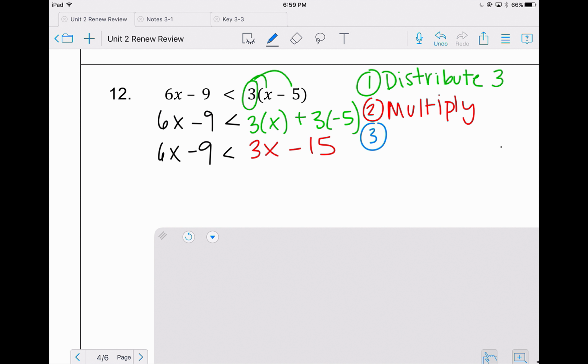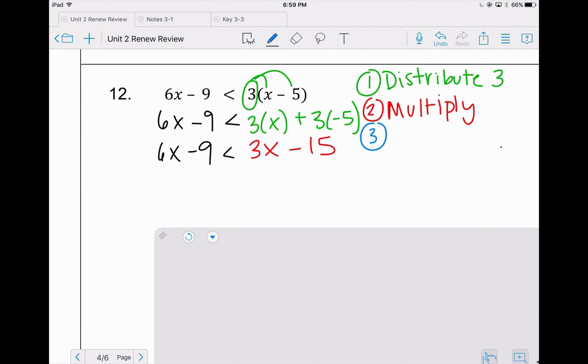Step 3, because I have x's on both sides, I need to move the smaller one. So I'm going to move the 3x by subtracting. That's why I said -3x.